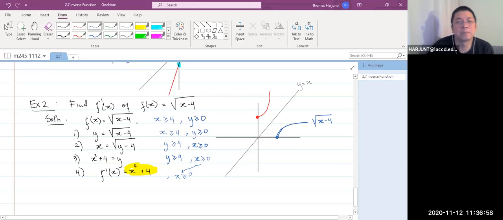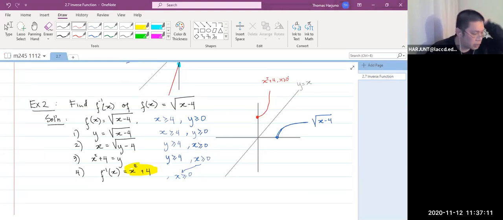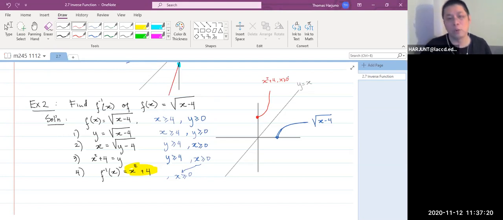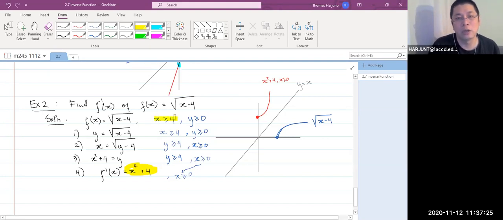This is x squared plus 4, x is greater than or equal to 0. So when you find an inverse function, one thing you need to pay attention to is the 1 to 1-ness, and you can actually see that from the restriction on the domain and on the range. So earlier I wrote down the domain and the range, so that I get the same thing later on, with the domain becoming the range and the range becoming the domain.